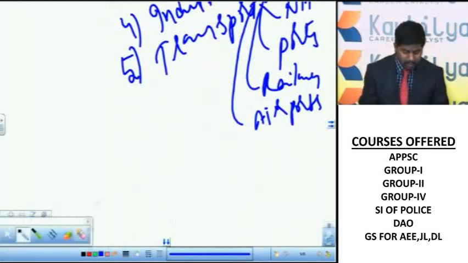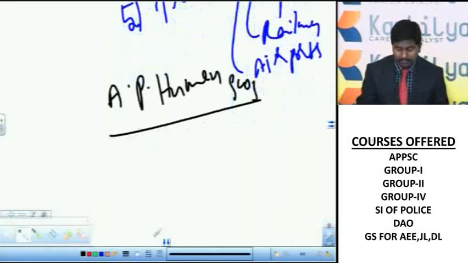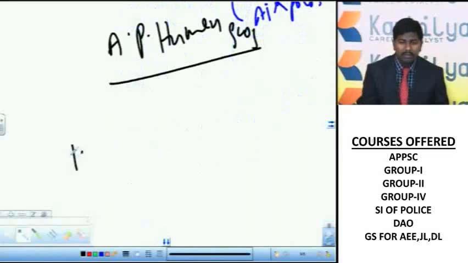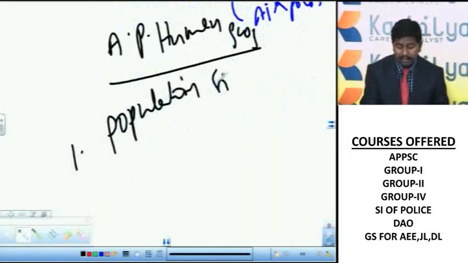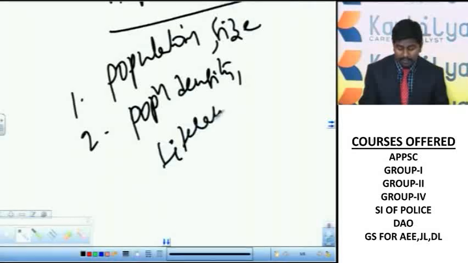Then finally we will come to AP Human Geography. AP Human Geography mainly discusses the population details of AP, the population size and some demographic attributes like population density, then literacy rate, then sex ratio.